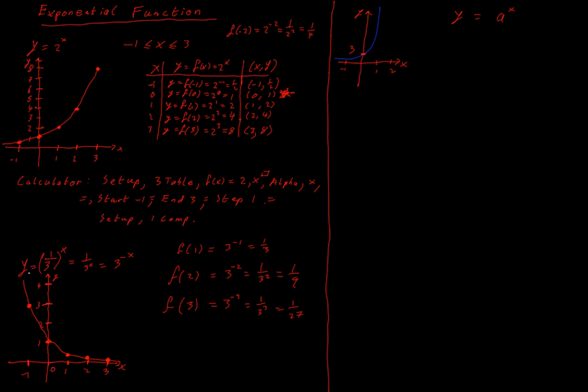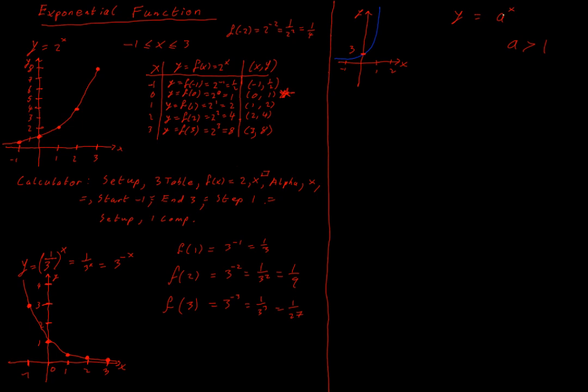So if my value of a was between 0 and 1, I would end up with a decreasing function. If my value for a is greater than 1, I'll end up with an increasing function. And the bigger the value of a, the faster my function is going to increase, the steeper my blue line is going to be. So I can tell from my graph that a is greater than 1 because it's rising.